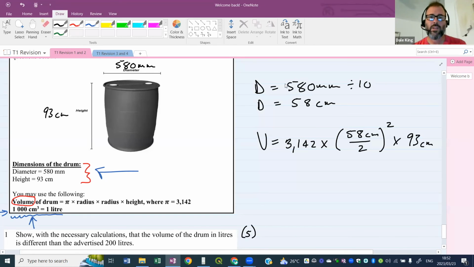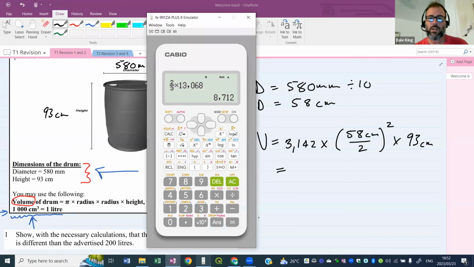Thank you, Sambulo. Good stuff. So this should be ready to go to the calculator. All right. So 3.142 times, I'm going to use a bracket. Okay. So 58 divided by 2. And I want to square it.